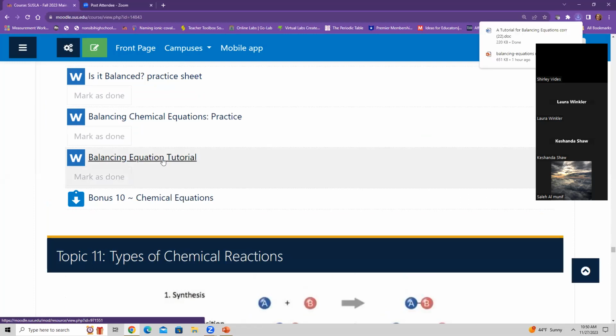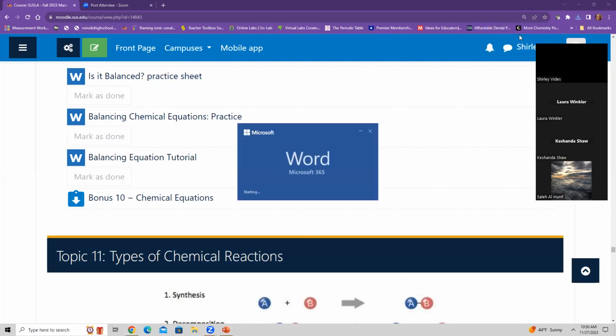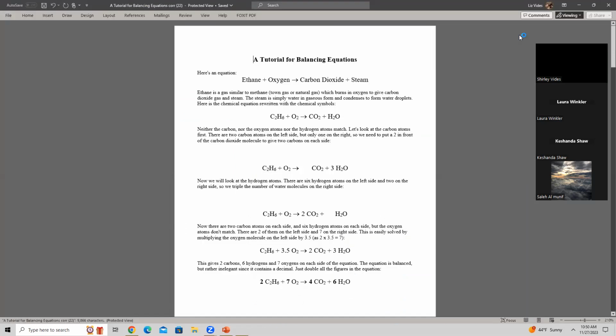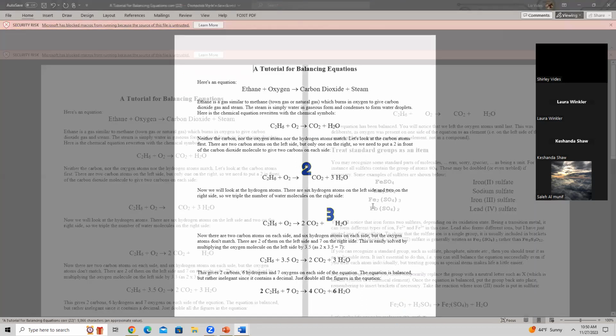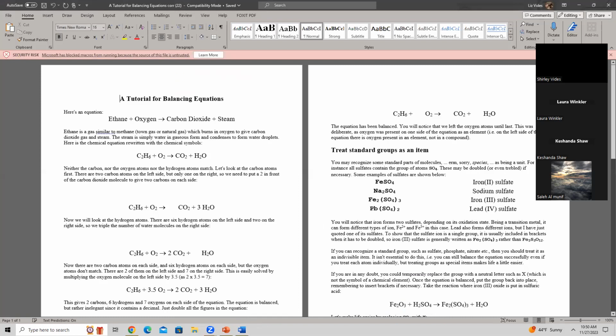Balancing equation tutorial. And over here, they give you lots of tips, but we're not doing that. I already gave you all the tips. All of them are right there, except for the one about the combustion. That one's not on there. Like I said, that one's my own.